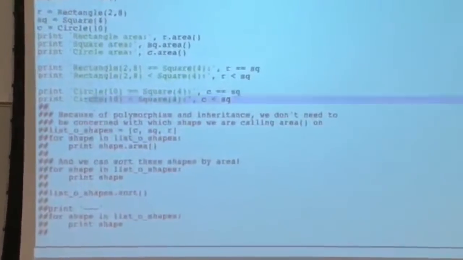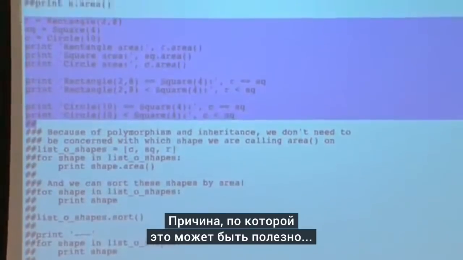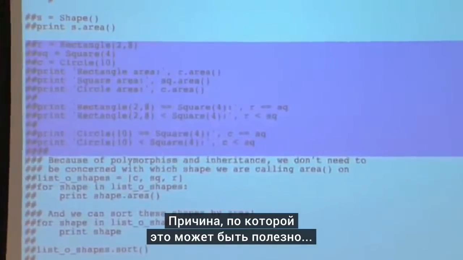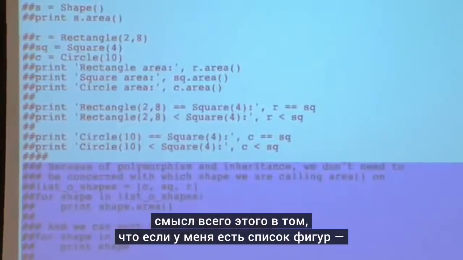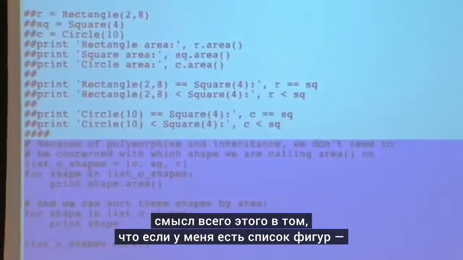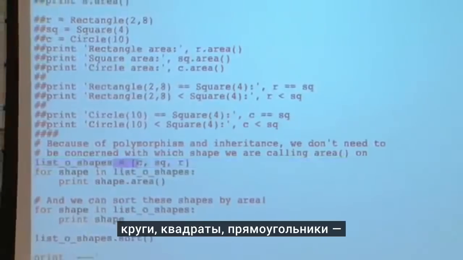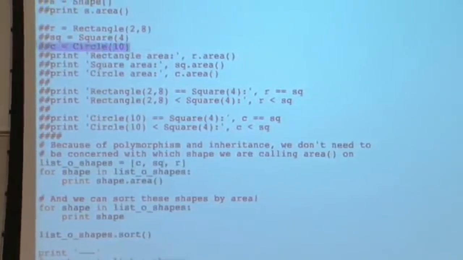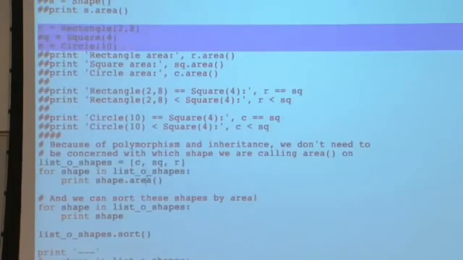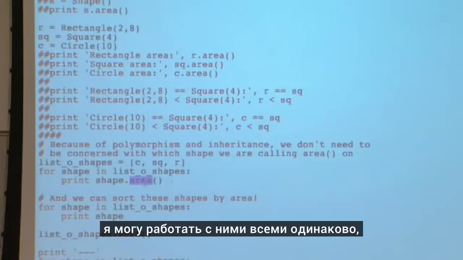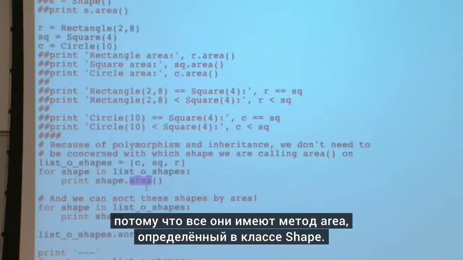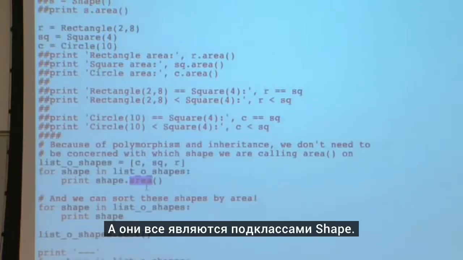All right, and then the reason why this is useful, and kind of the big idea, is if I have a list of shapes, circle, square, and a rectangle, then I can treat them all exactly the same because they all have an area method, which is defined on shape. They all subclass from shape.